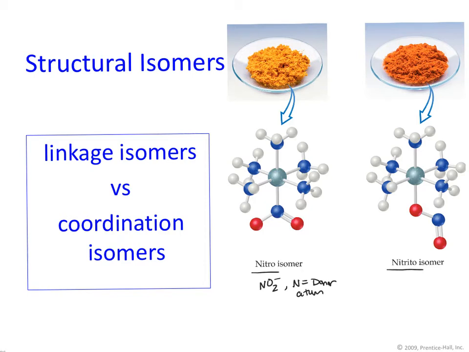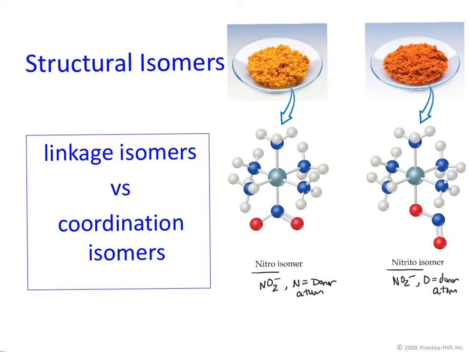Nitrido, NO2 minus, but we have O as the donor atom. And that's what we see here. So in this image, we have a metal center. I see this is an octahedral geometry with a coordination number of 6. It looks like I have 5 ammonia or amine ligands, right? N with 3 H's connected.